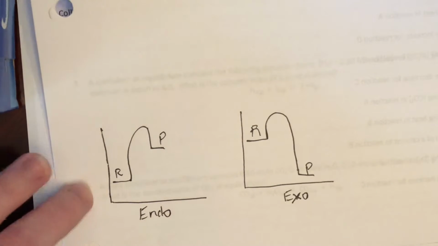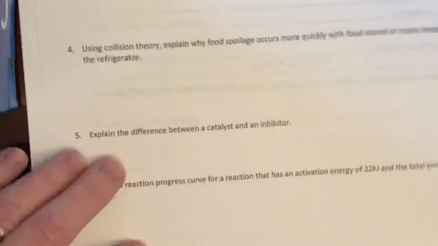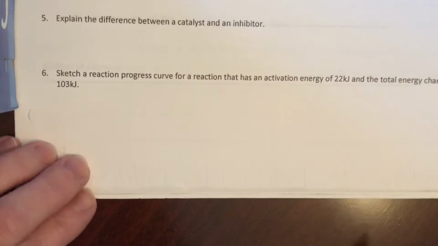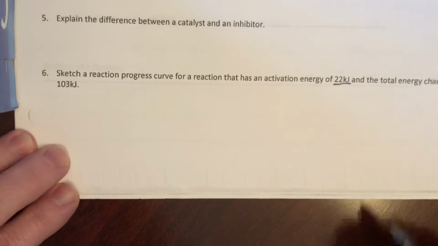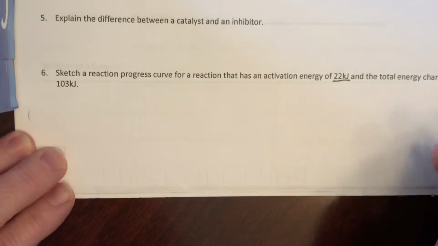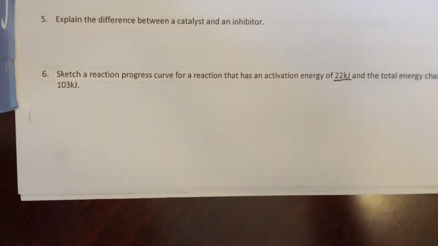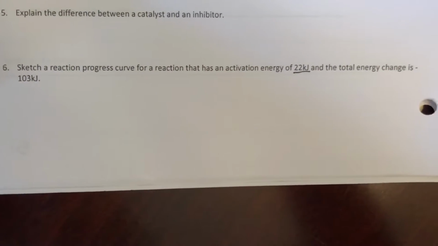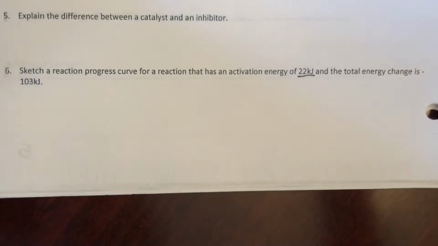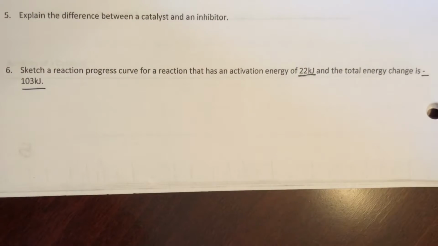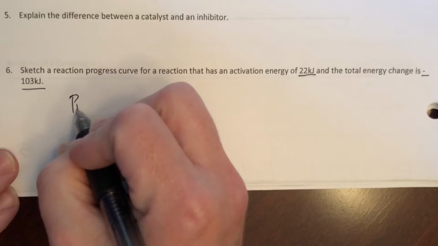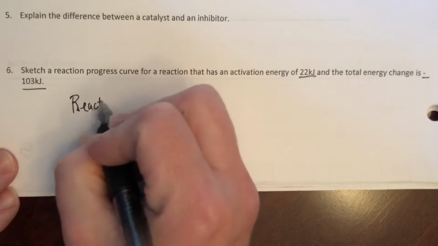Some of the questions that we need to look at are the numbers that they give us. So here on page 6, we are looking at 22 kilojoules, and then it says the total energy change, sorry if you can't see that, I have to move over just a little bit. It says negative 103. So that means the difference between the reactants and the products.